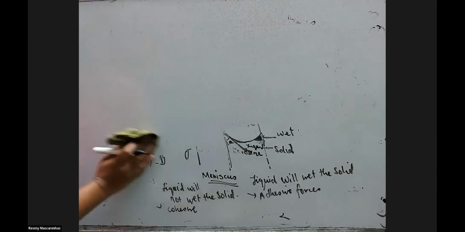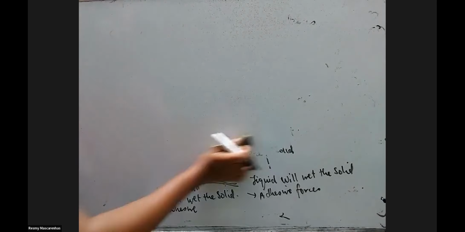You see for this capillary rise, we'll find what is the surface tension for that. So we are assuming a capillary tube.